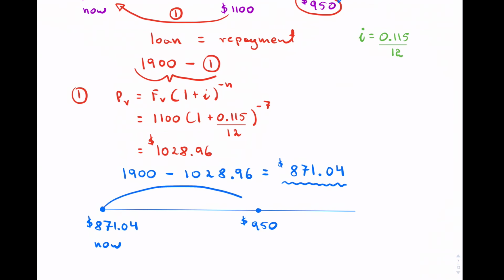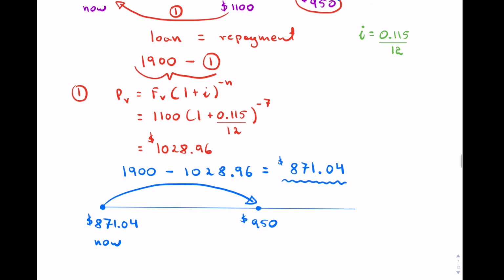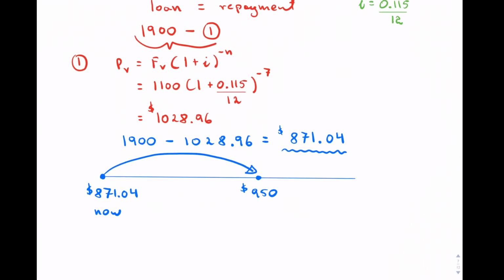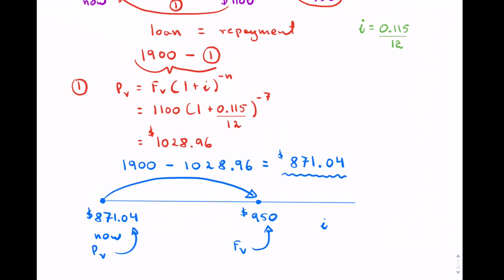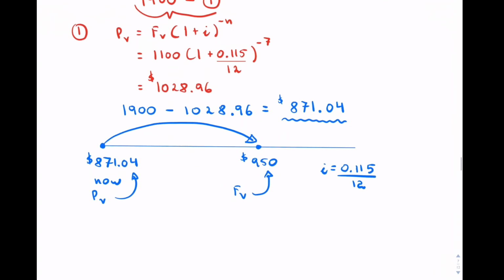So I have to move this over into the future. This is my present value, and this is my future value. And I is 0.115 divided by 12.